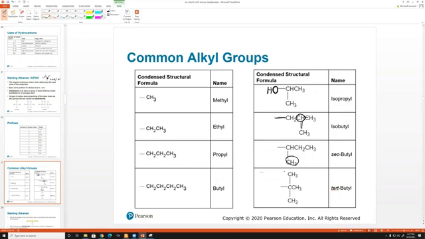Then a tert-butyl means they're all isolated, kind of like an isobutyl. So tert-butyl and isobutyl are similar, very, very similar. It depends what you have here.